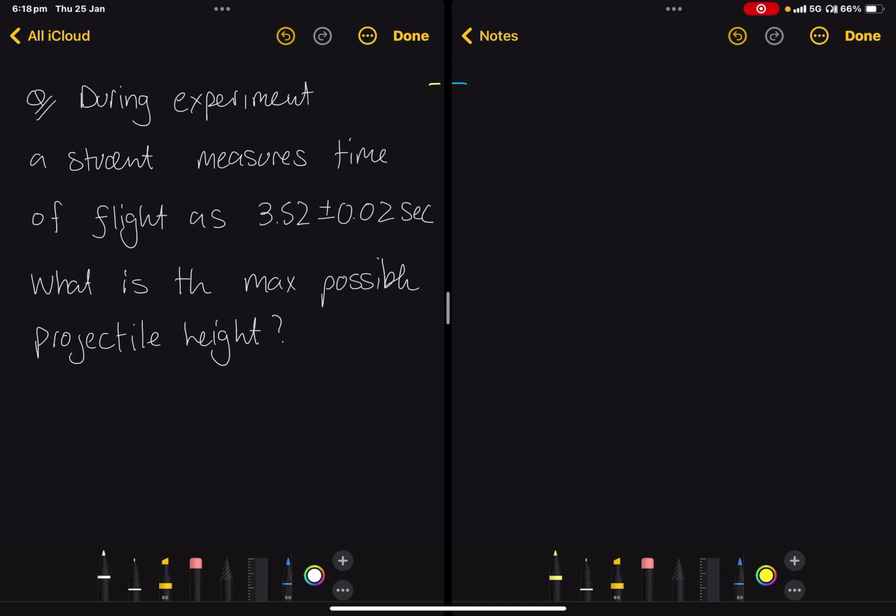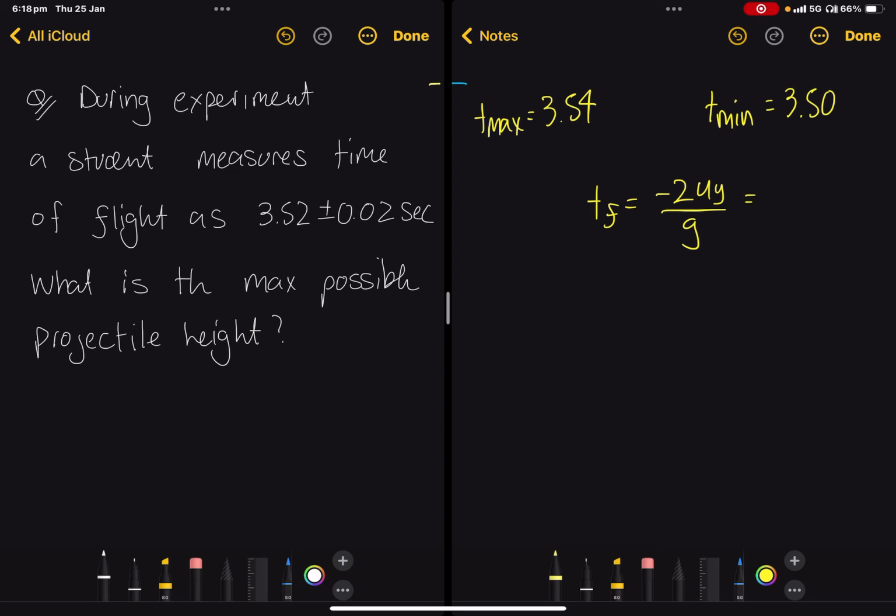Okay, so we have two different times that we care about in this question. We have a time maximum, which is 3.54 seconds, and we have a time minimum, which is 3.50 seconds. Now we know time of flight is equal to minus 2 uy over g.